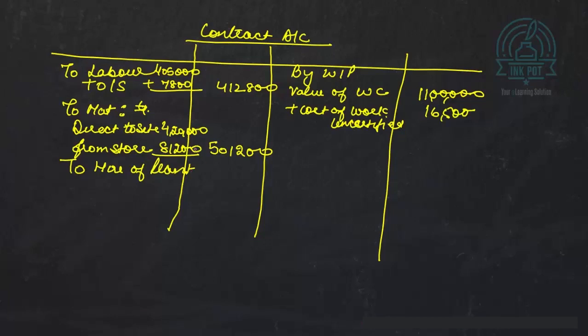The amount is 12,100. We are given the direct expenses. Direct expenses are 23,000 plus outstanding direct expenses of 1,600. So the total is 24,600.